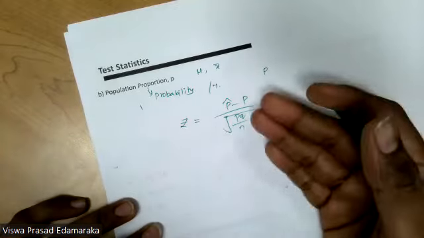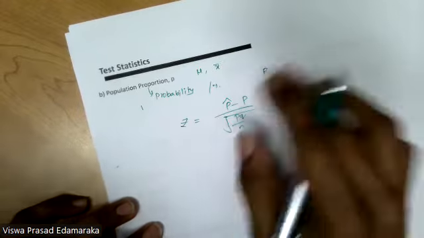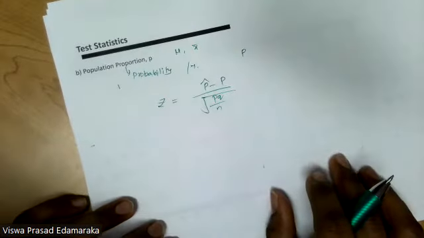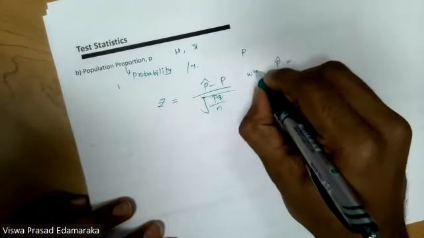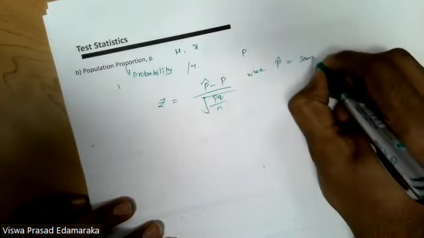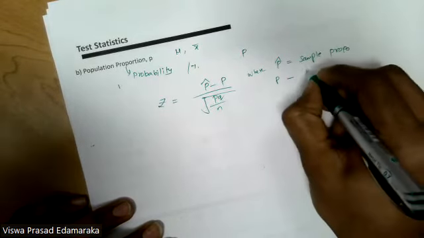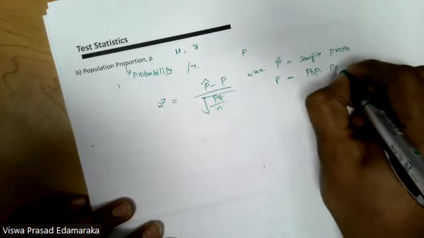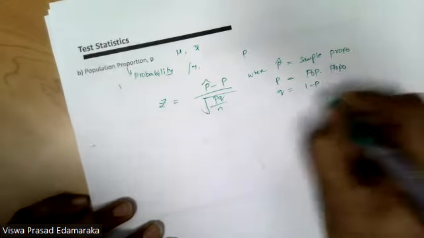Dr. J uses different notations, but I use p cap minus p by root of pq by n, where p cap is the sample proportion, p is the population proportion, and q is 1 minus p. N is the sample size.